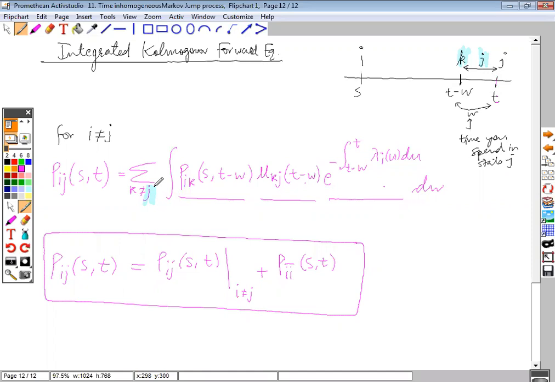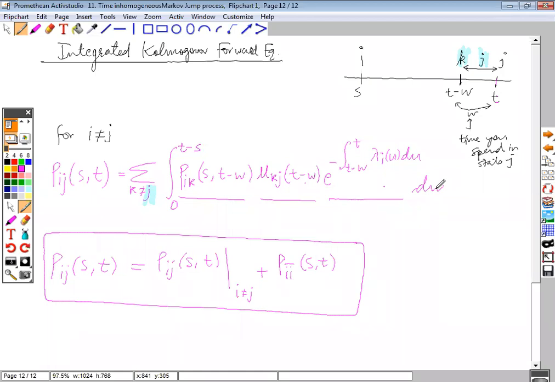What should be the limit of integration here? Should be 0 to t minus s, right? Because that is all the possible values of w that you can have. Any doubts so far?